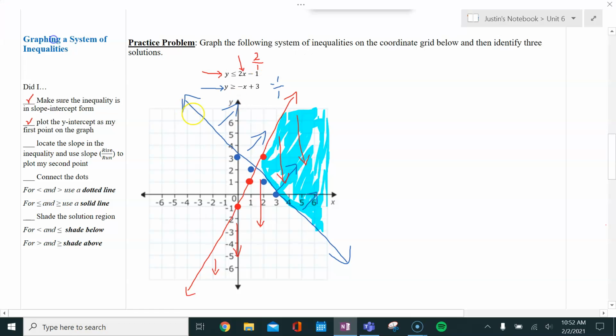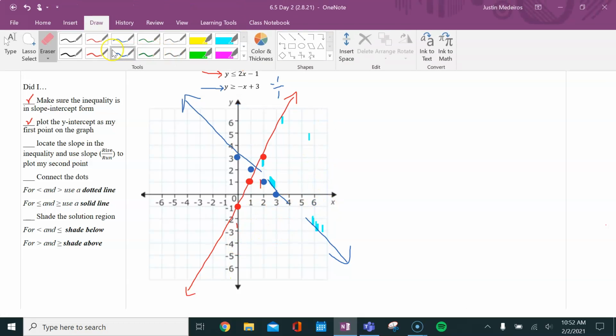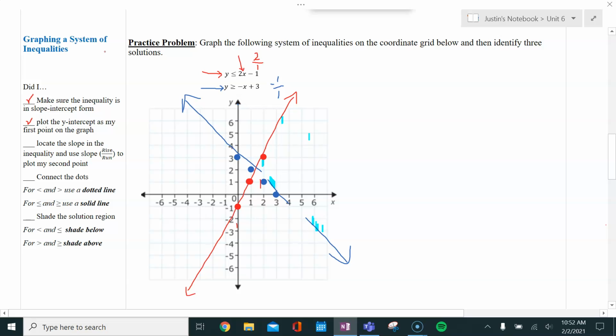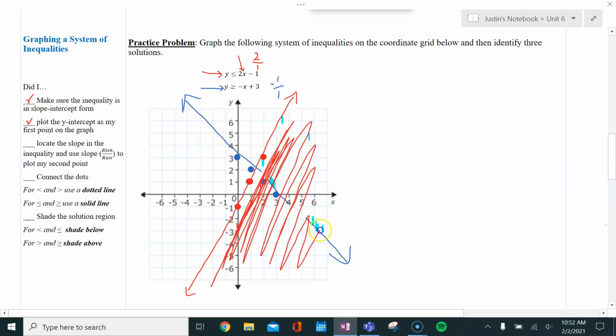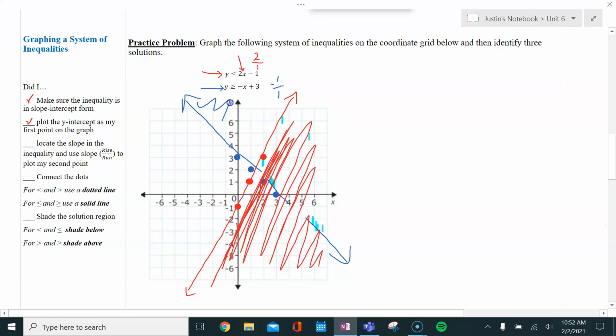You can also look at it this way, maybe show another option. We know that the red is shaded everywhere below, and the blue is shaded everywhere above. And you'll notice that this little area right here is where you double shade, or have overlapping shading.